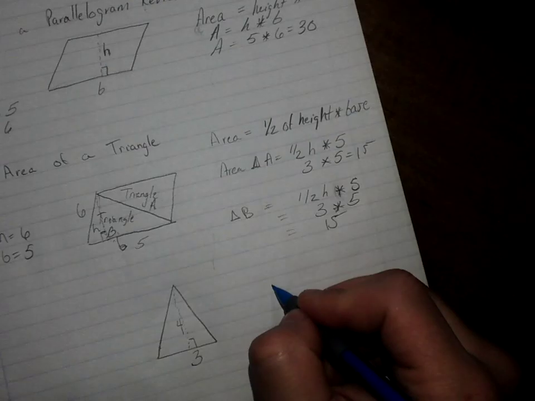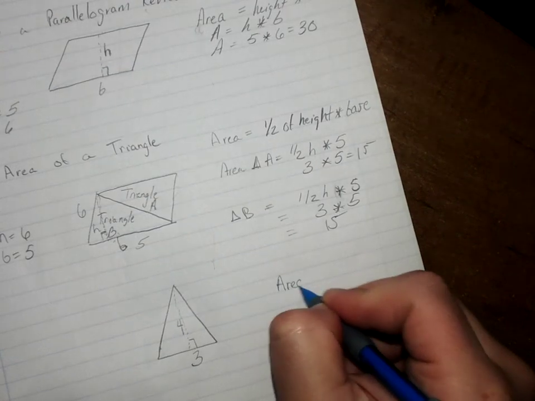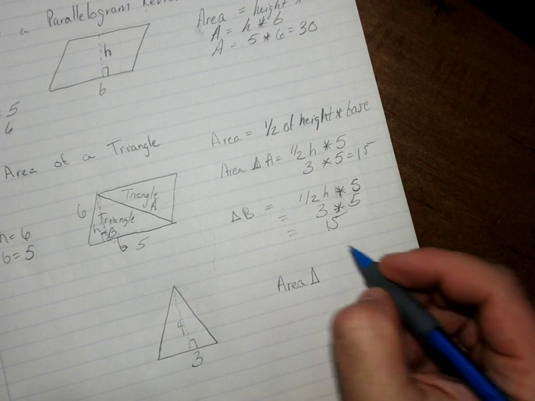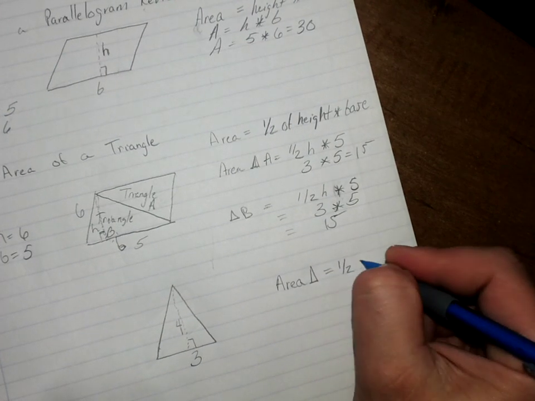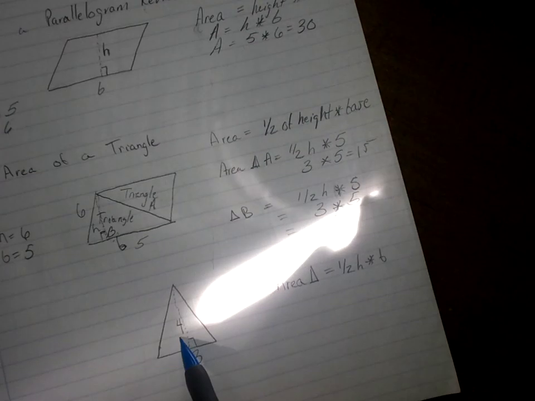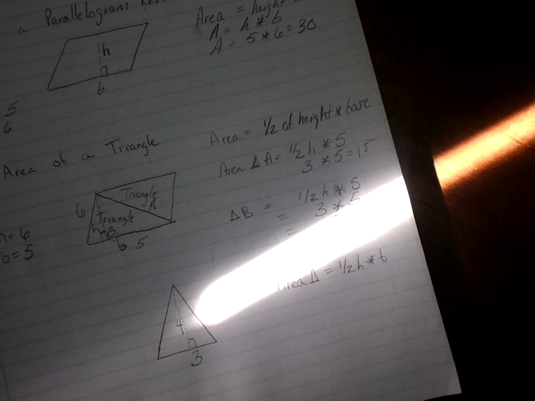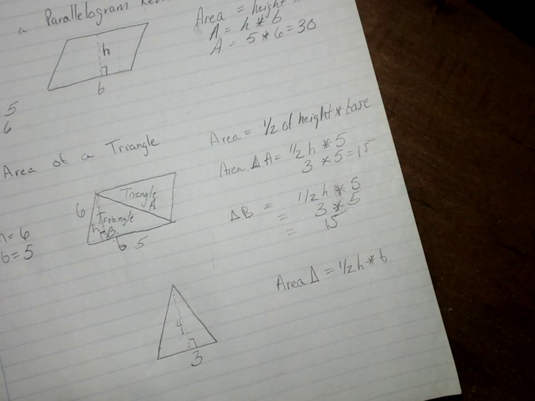And if you know the area of a triangle equals half of h times the base, well, the height is 4. So if you're already figuring this out, go ahead. If not, take a pause and try to figure it out for yourself.